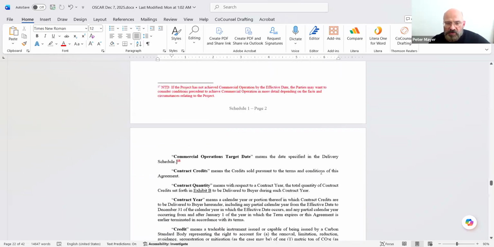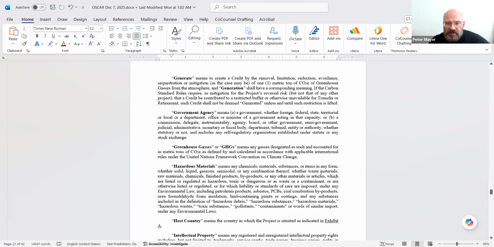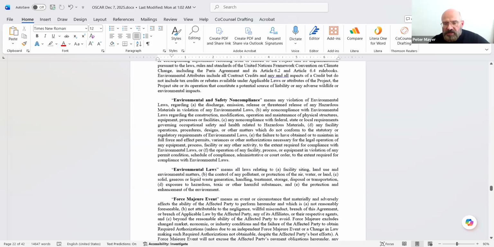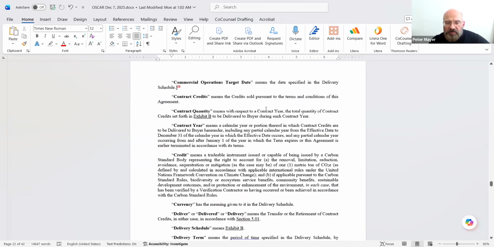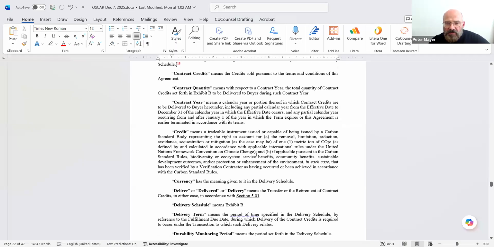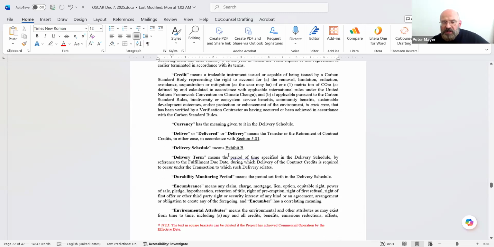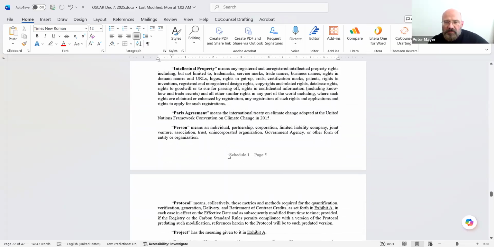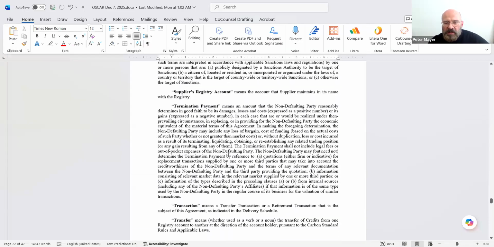It's like, when is a credit being generated? This is just an example, right? Generation. What is even a credit, right? So there are some very helpful definitions in here, I think. It takes some time to read them.